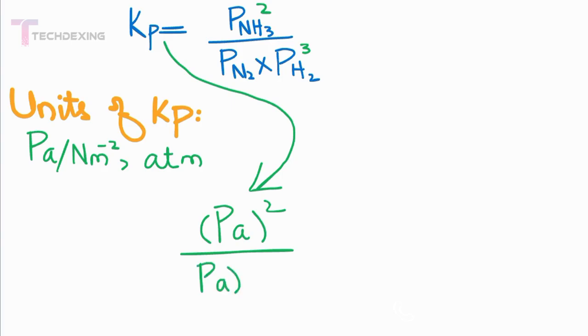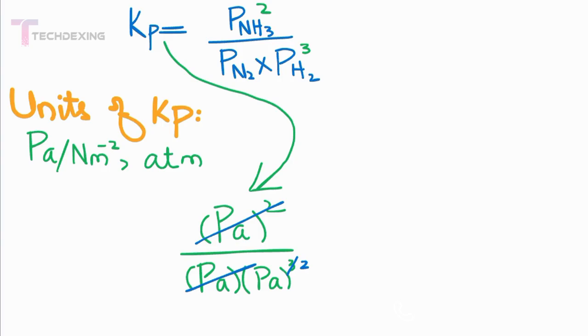Then you write in the denominator Pascal multiplied by Pascal and its cube. Now you can simplify this. Pascal square would be cancelled out, and this would become Pascal square in the denominator.